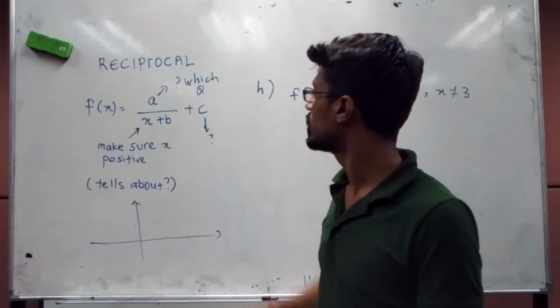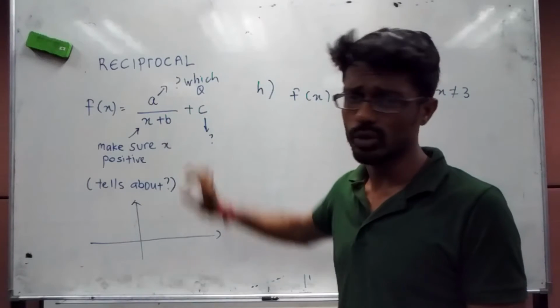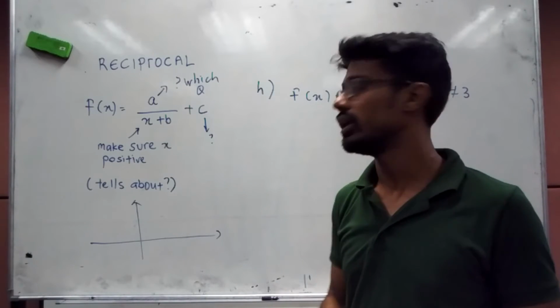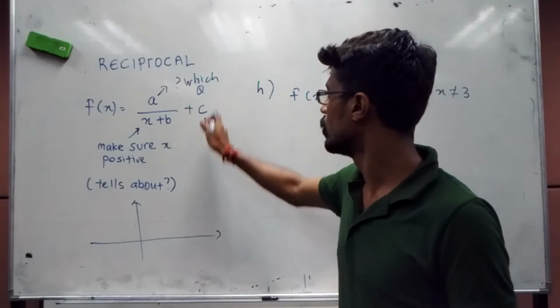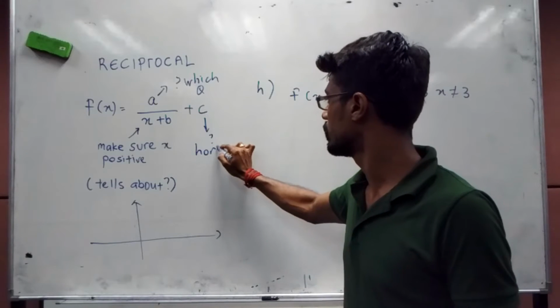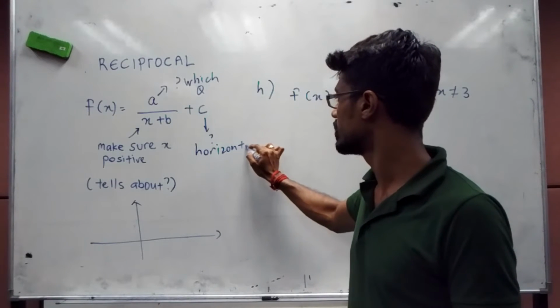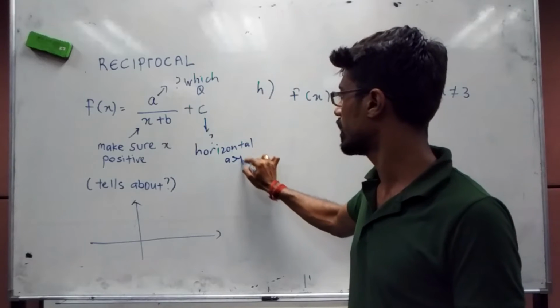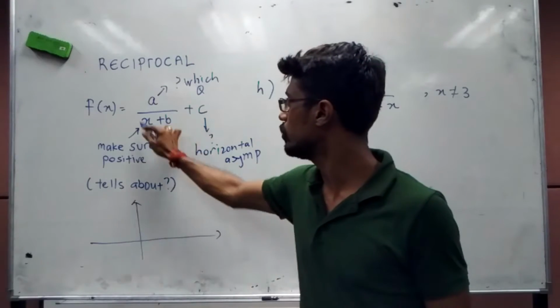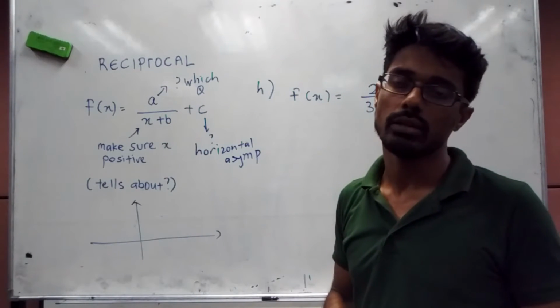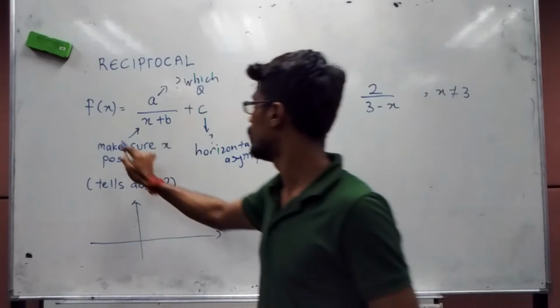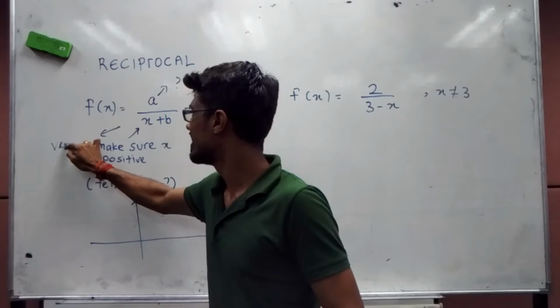This C will tell us something as well. This is going to be our horizontal asymptote. And I think I missed out explaining what this B should tell us. This B will tell us our vertical asymptote.